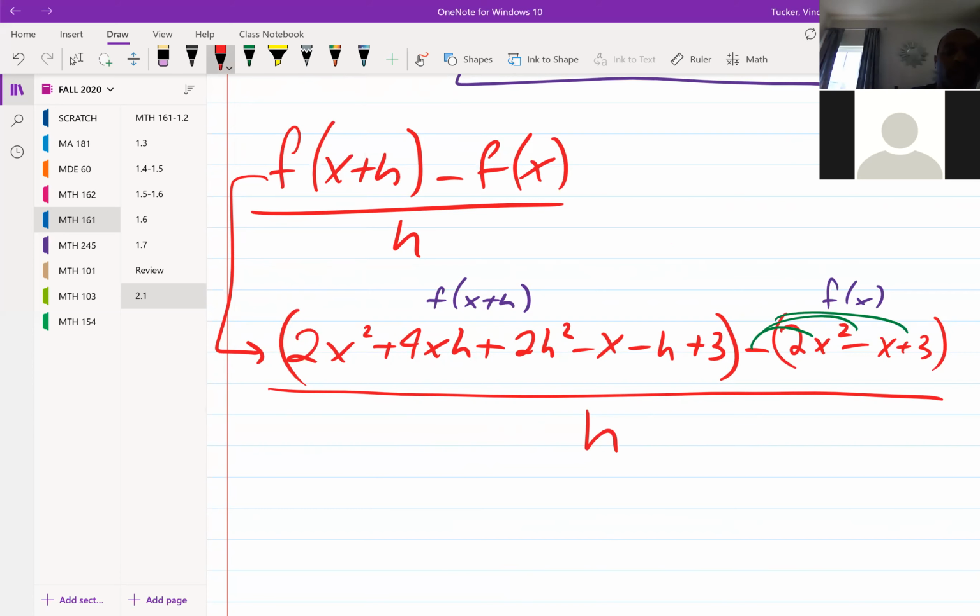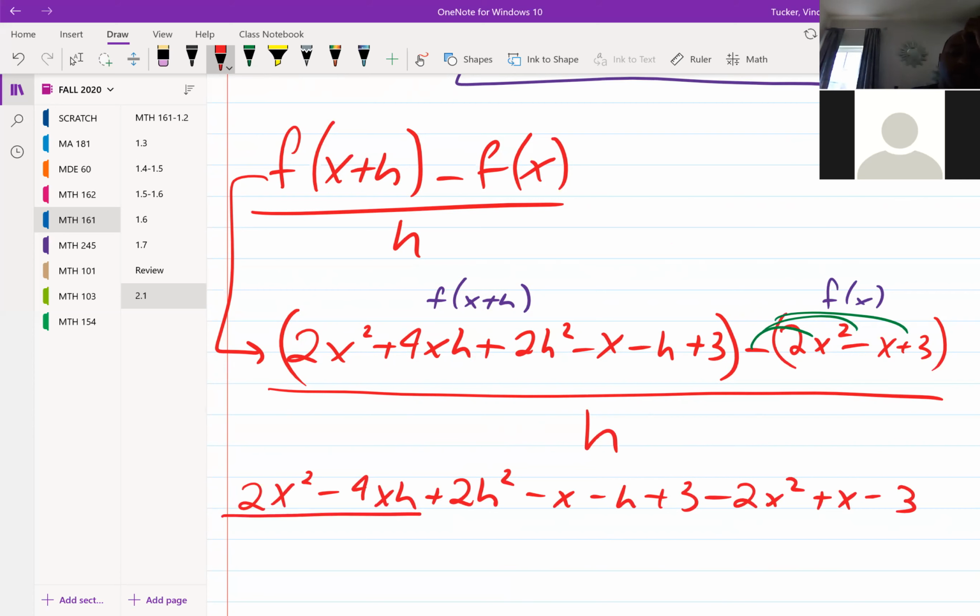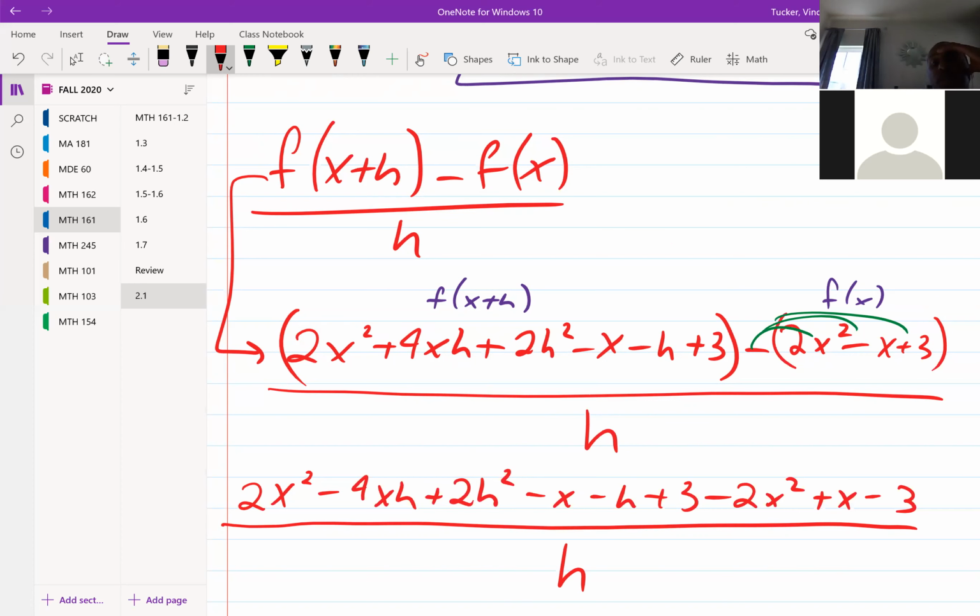Even if you don't write it out, that's how you should be processing what's going on. So that's a negative 2x squared plus x minus 3.